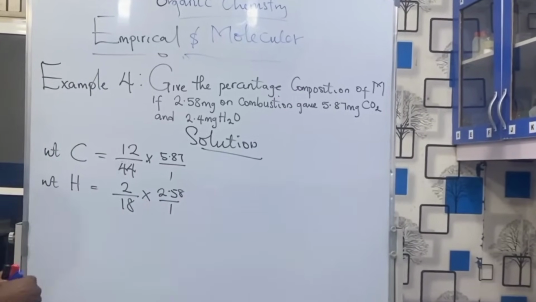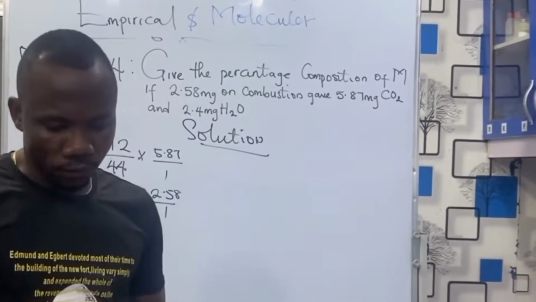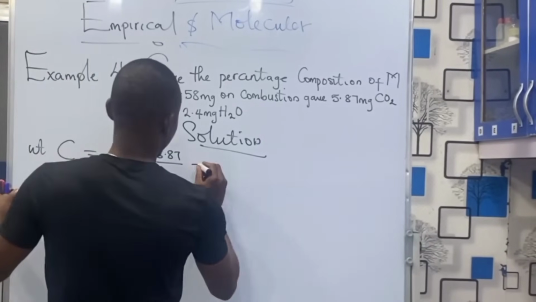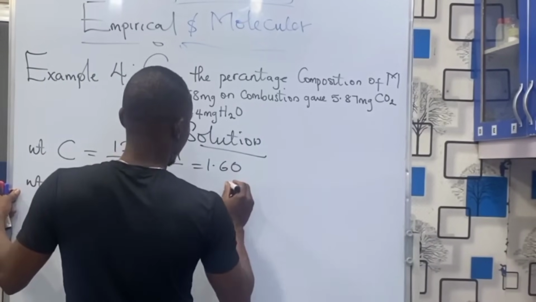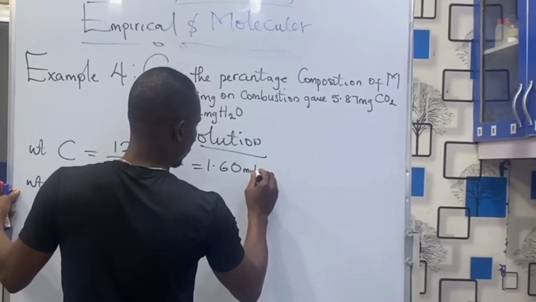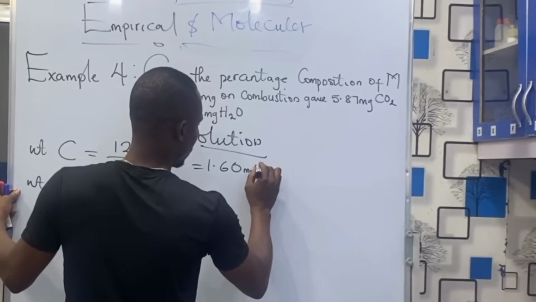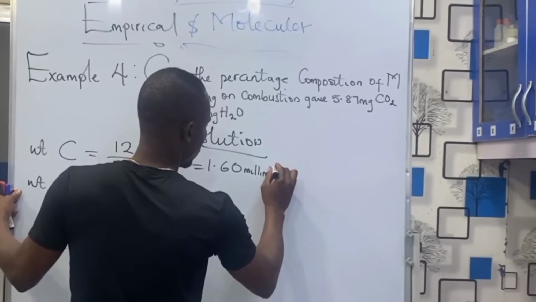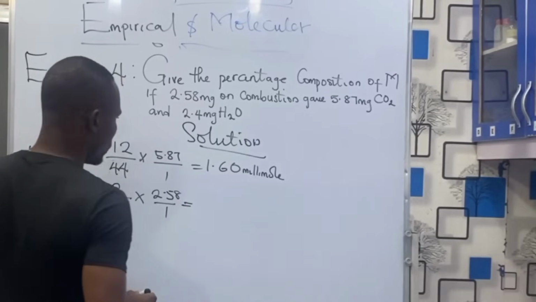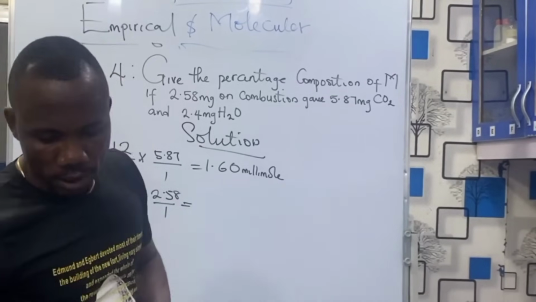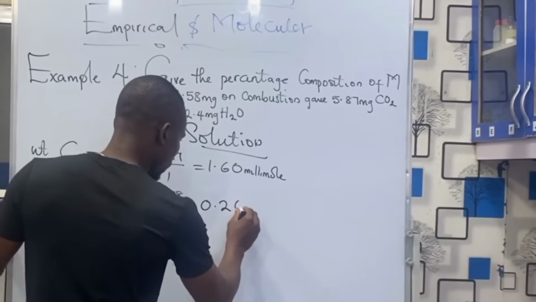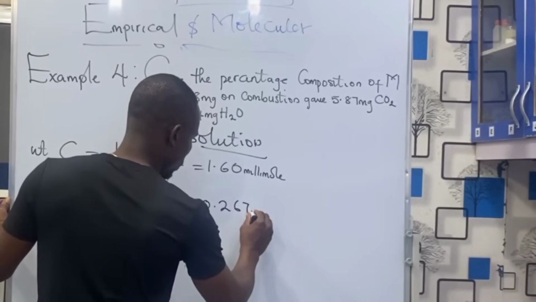When you do this mathematically, the weight of carbon will give us 1.60 milligram, which in millimoles will give us 0.267. Of course, it's the same unit.